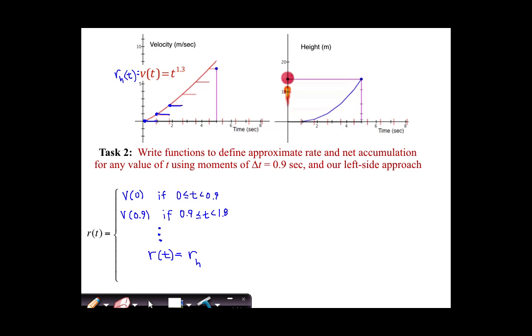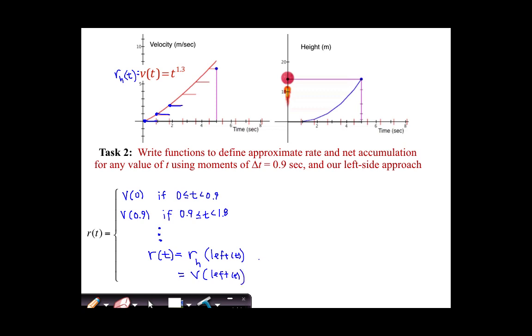The left end of the interval would be left of t. So for any value of t, whether it's 0.4, 3.62, whatever it is, if I want to know the approximate rate I'm using right now, I ask: what's the beginning of the interval? Use the exact rate from that point. I could write it this way, or using the notation in your book, I could say this is v of left of t.